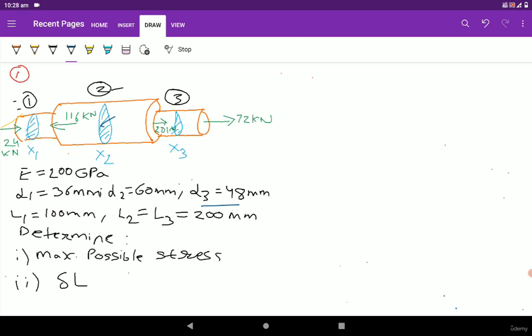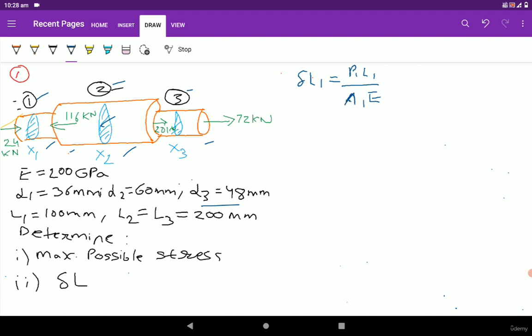So delta L1 is equal to, we have already calculated the equation for the quantities which are not varying with length. So we are going to use the equation P1 L1 upon A1 E. E is constant for the whole section.